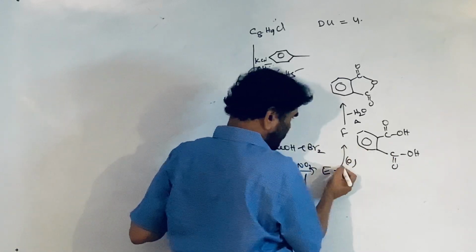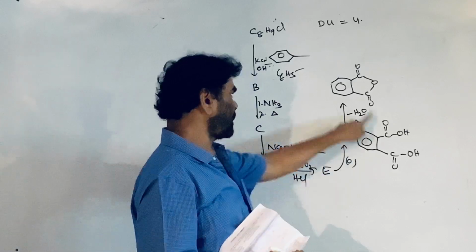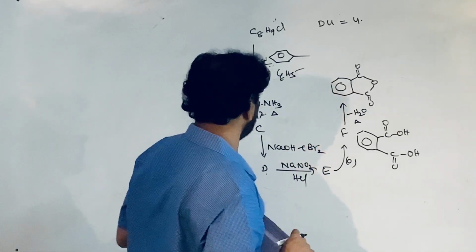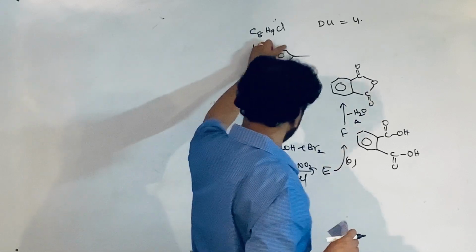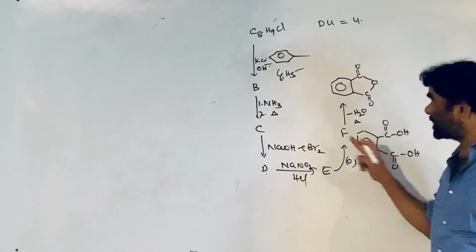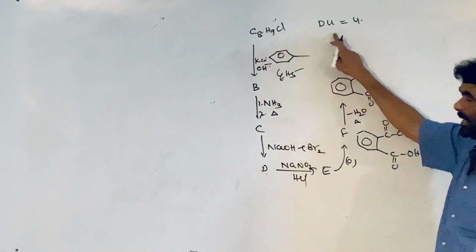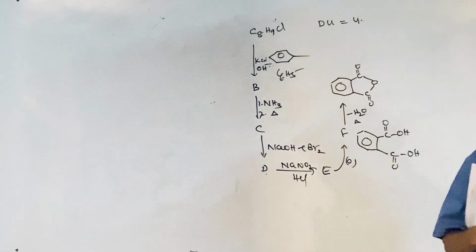This is formed on oxidation. F is the phthalic acid, and this is the phthalic anhydride usually given. That means in the original compound, this is the aromatic ring. To create the 2 COOH groups, there must be 2 groups. The remaining 2 carbon atoms should not be in the same group.